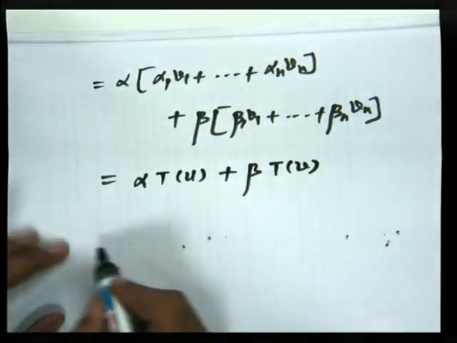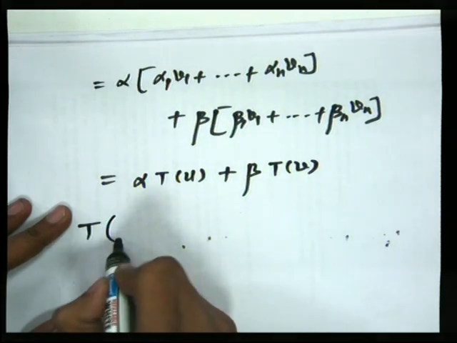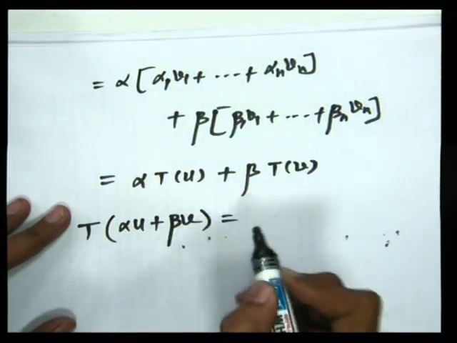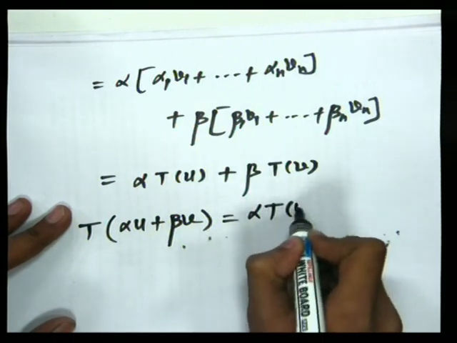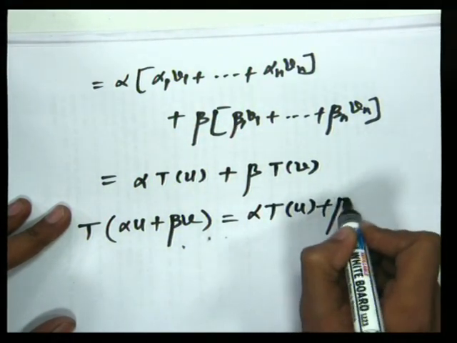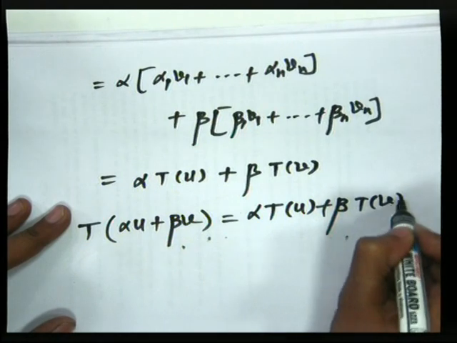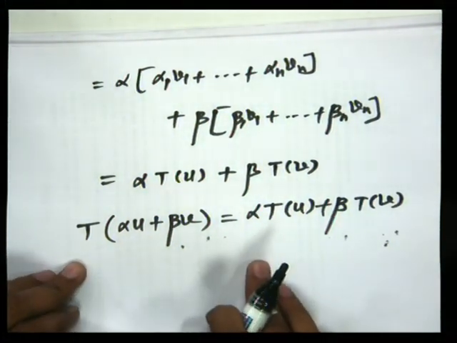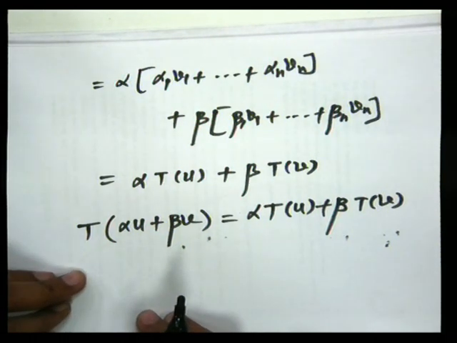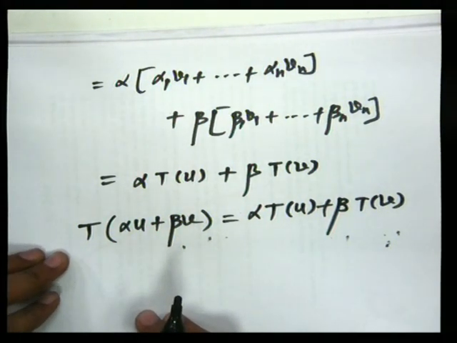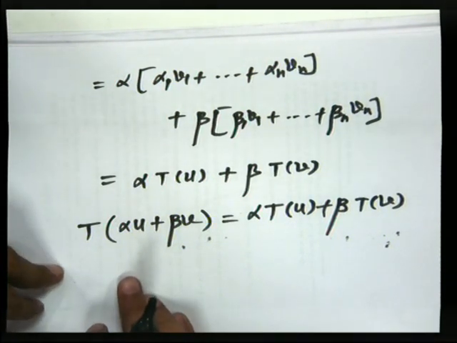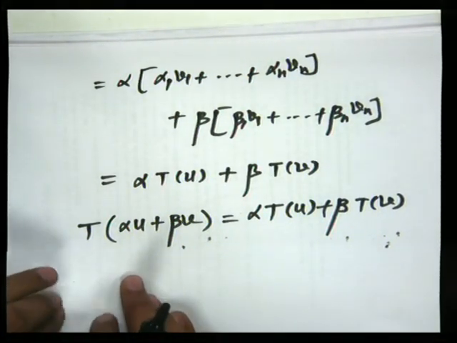So we get t of alpha u plus beta v equals alpha times t of u plus beta times t of v for any two vectors u, v of capital U and for any two scalars alpha, beta. Okay, this proves that the function t defined this way is a linear transformation from u to v.